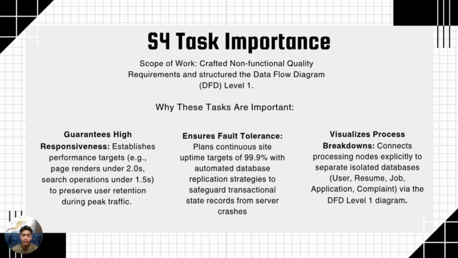Plan continuous site uptime target of 99.9% with automated database replication strategies to safeguard transactional state records from server crashes. Third is visualize process breakdown. Connect processing nodes explicitly to separate isolated databases like user, resume, job application, and complaints via the DFD level 1 diagrams.